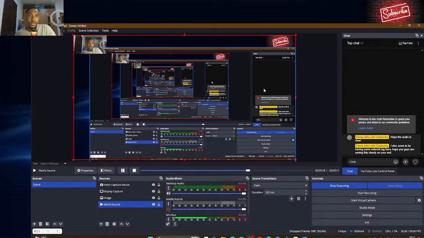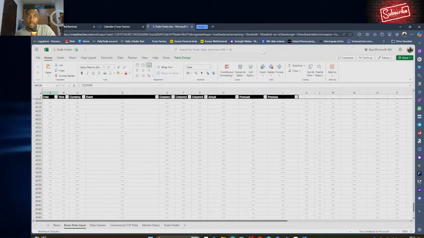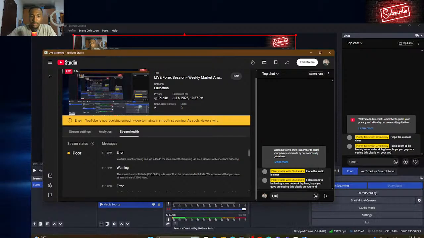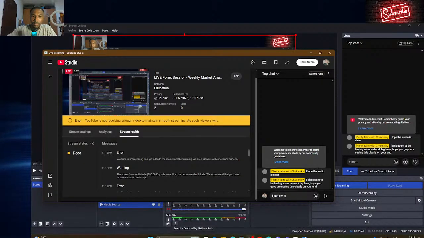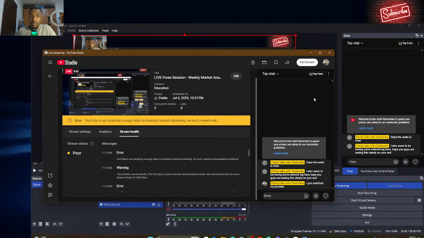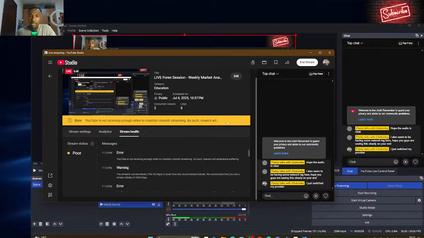I definitely need another screen. I really hope this is better than the previous one. I'm still seeing the error message.